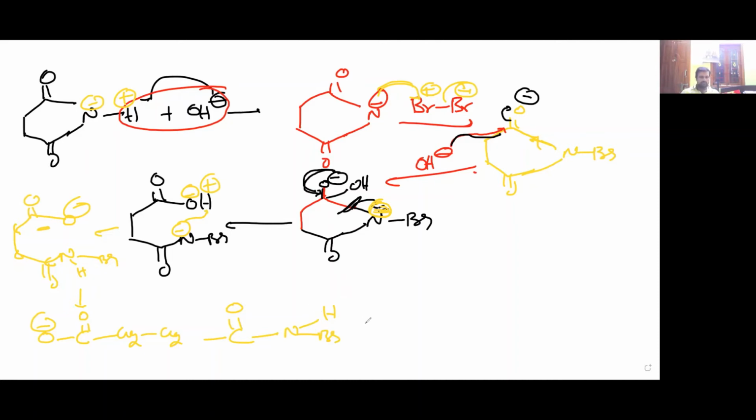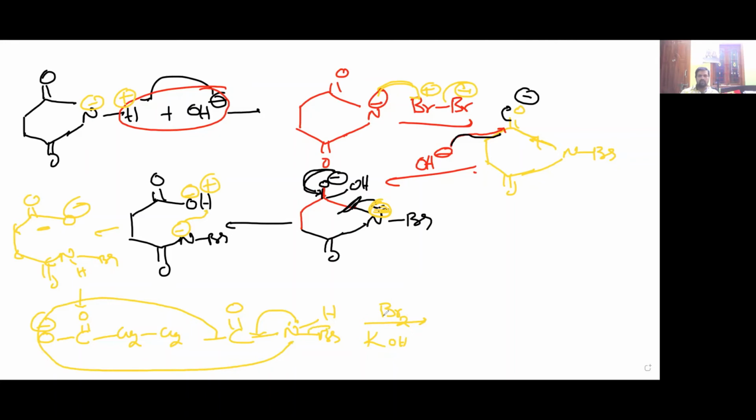After that, what will happen? This is an N-substituted amide, then you add Br2 KOH again. Same thing. This is very simple. You added KOH again. This is the pair, and it is shifting like this. The whole group is migrated like this.